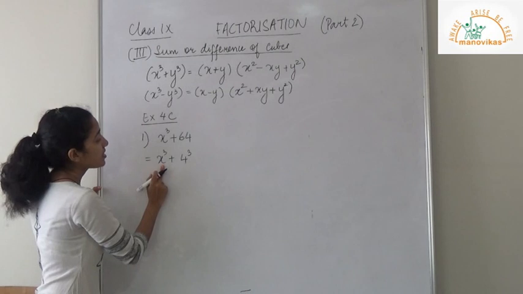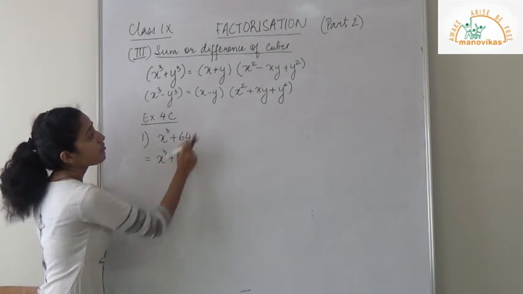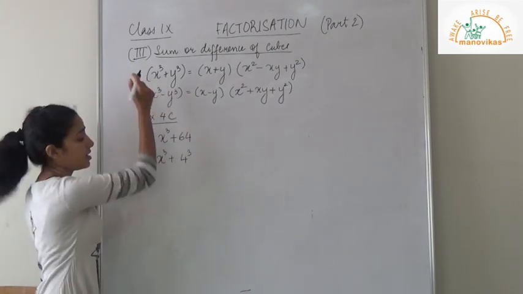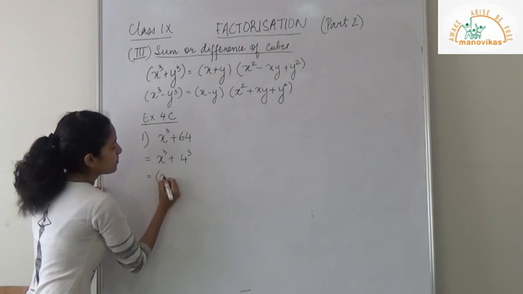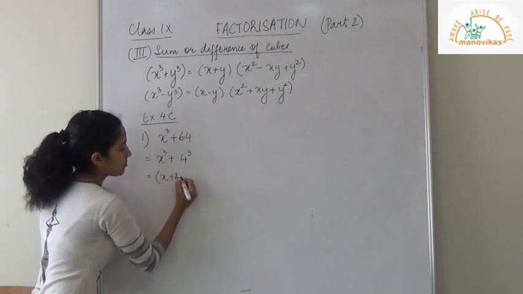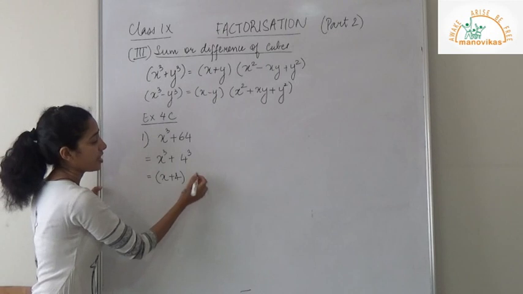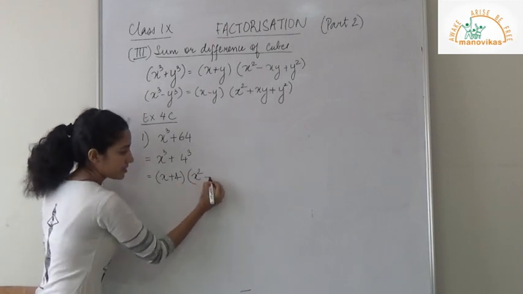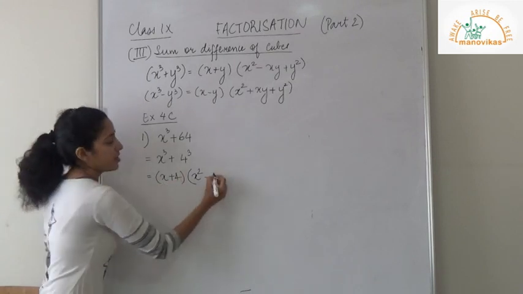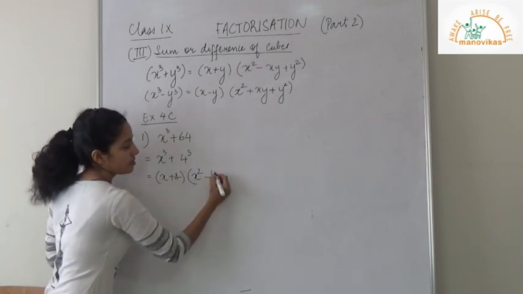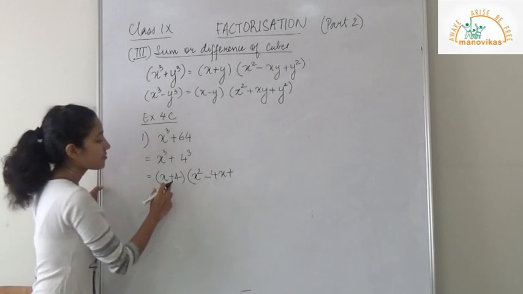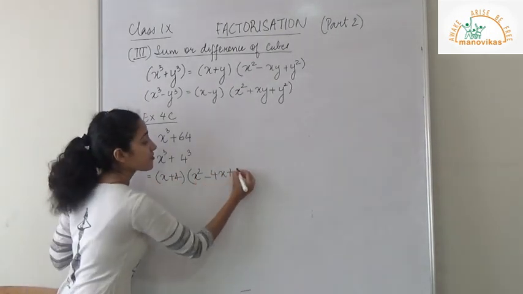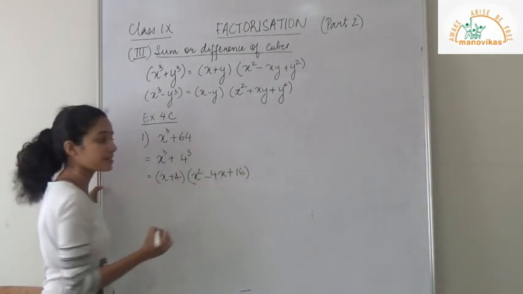Now we see that this is a sum of cubes, so we will be using this formula. So that is x plus 4, and in the next bracket you have the square of the first term minus the product of both the number and the variable plus the square of the second term, which is 4 square, that is 16.